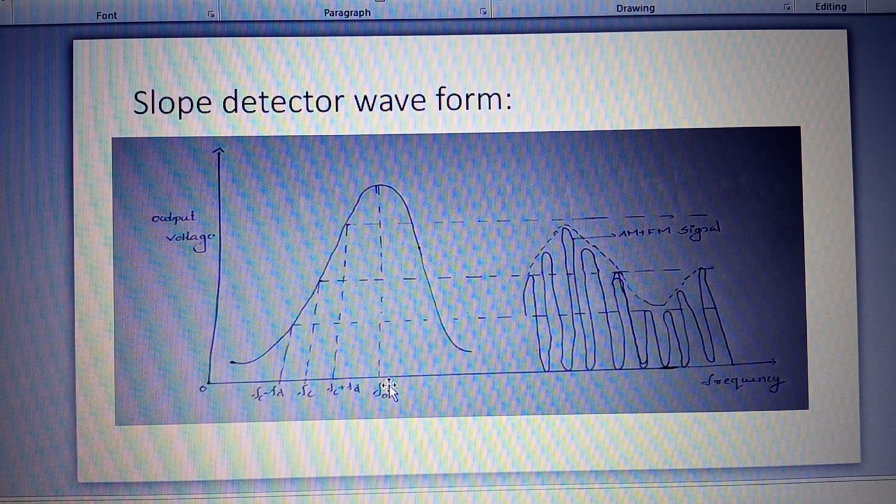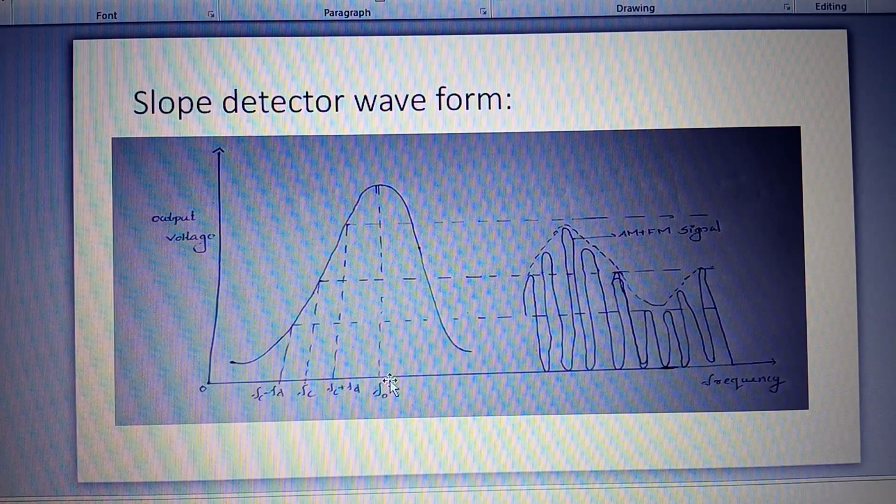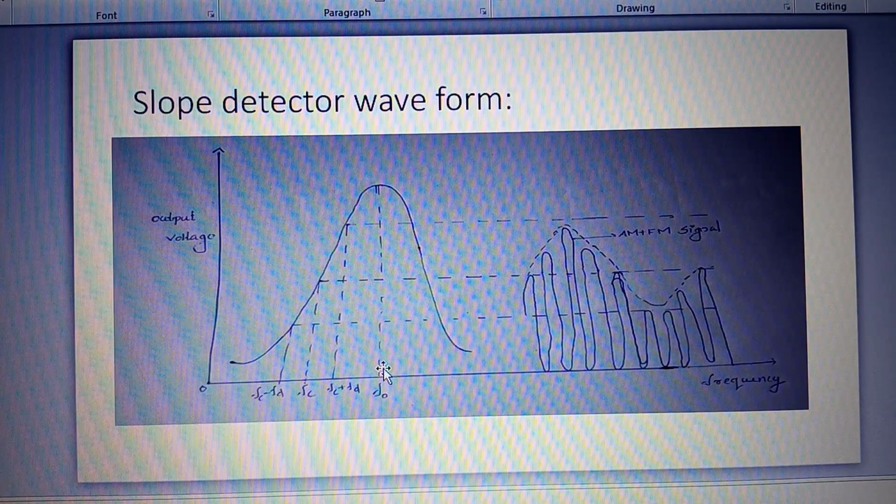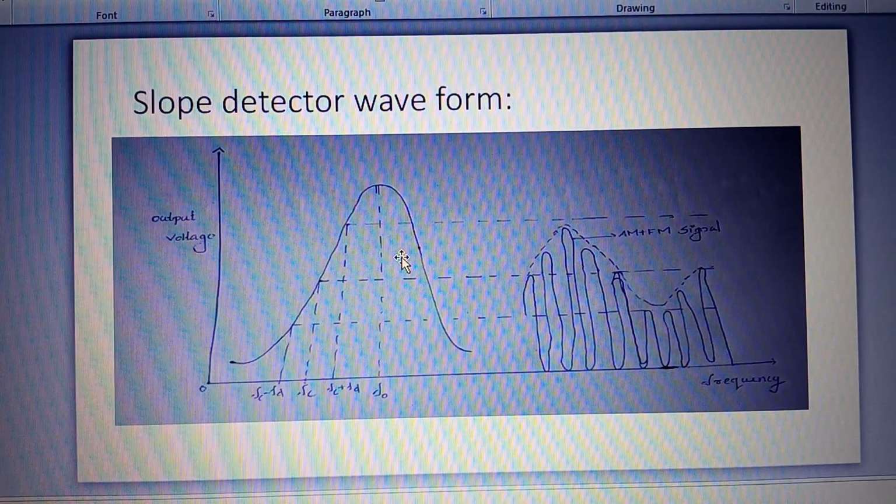We can find that F0 is the resonant frequency of the tuned circuit, that is, at F0 the tuned circuit gives the maximum output voltage. So we choose F0 greater than Fc, the incoming carrier signal frequency. Here the x-axis is the increasing direction of frequency and the y-axis is output voltage.